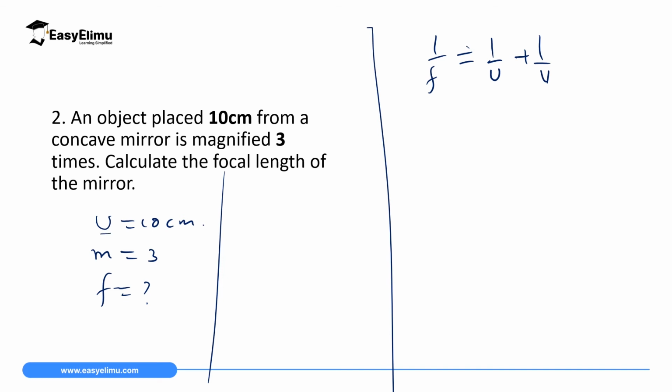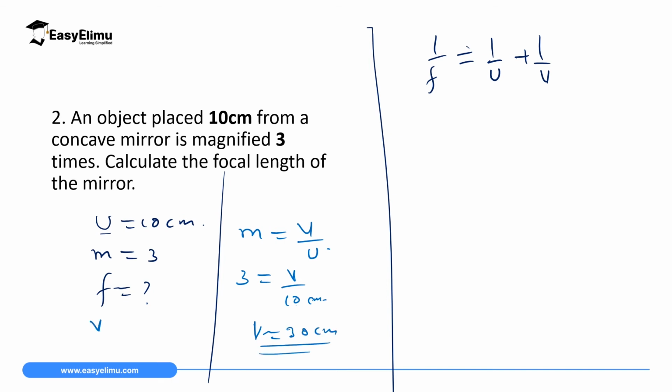Therefore, we only have U, we are lacking V. But can we find V? Yes, we can get it from magnification is equal to V over U. In this case, magnification 3 is equal to V, which we are looking for, divided by U, which is 10 centimeter. Therefore, V is equal to 10 times 3, which is 30 centimeter.